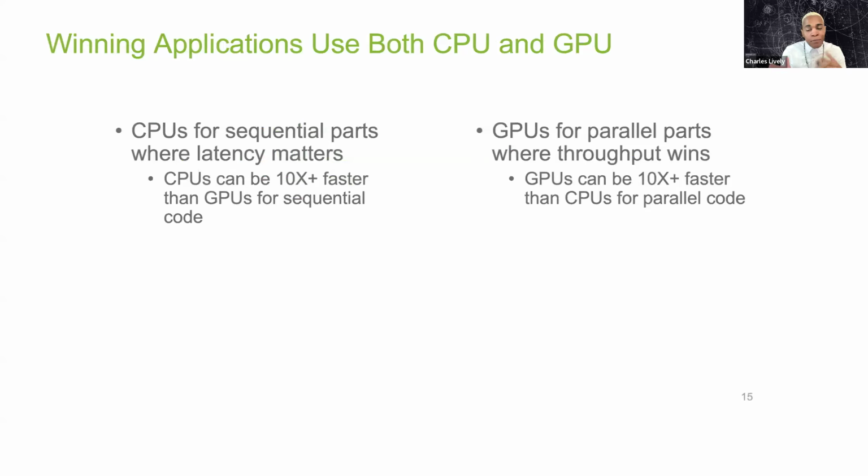So an important thing, and this kind of just sets the premise, is the heterogeneity here in computing. The most efficient applications are going to be able to make use of all of those different components, even CPUs and GPUs, to make sure that sequential parts are executing efficiently when latency is important.